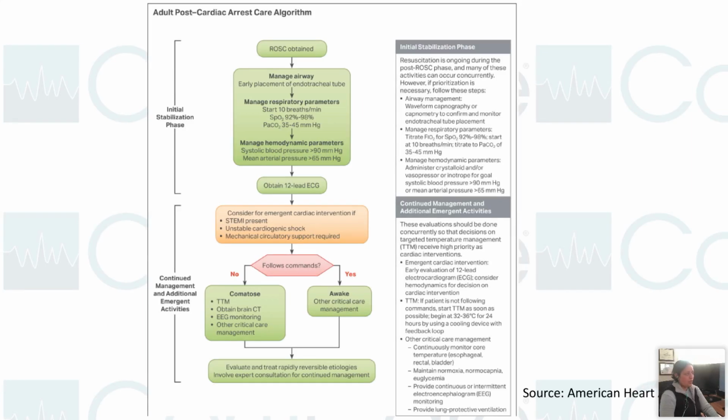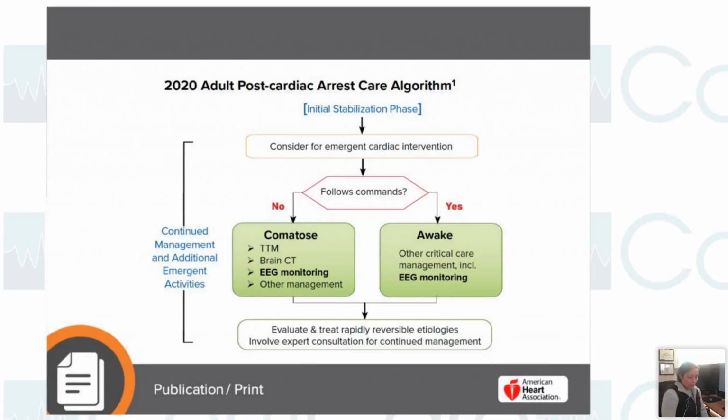The American Heart Association has given this algorithm to care for post-cardiac arrest patients. Our focus is, once the stabilization is done, where do we come in as EEG techs? We know the patient can be comatose after cardiac arrest and intubated, or the patient can be awake. They may be following commands or not following commands, depending on their clinical status, right?